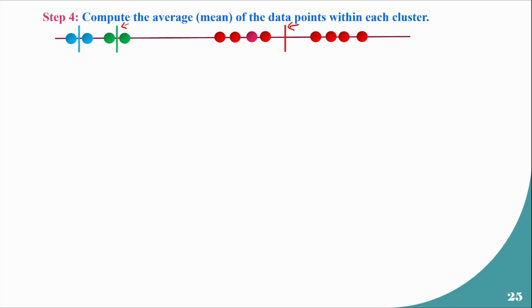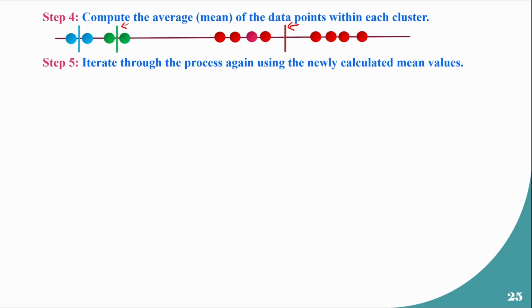And next, the algorithm will again iterate through the same process of assigning each data point to one particular cluster. But now, during the distance calculation, it will use the new representatives of the clusters, so basically the mean points of the earlier cluster groups, right?